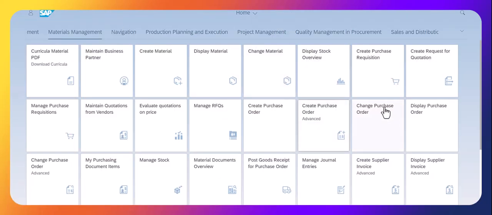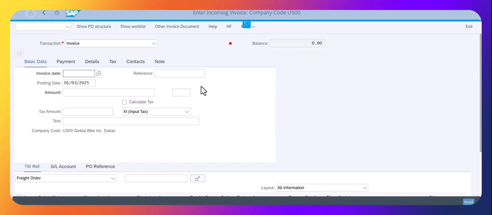Okay, so once you purchase or enter the service, you can generate the supplier invoice, and with the supplier invoice you specify the date.